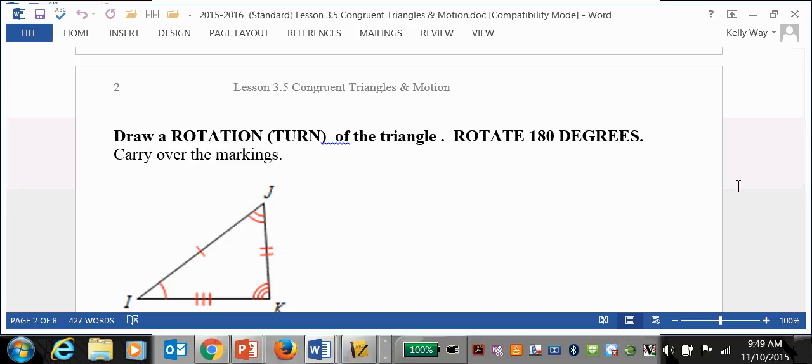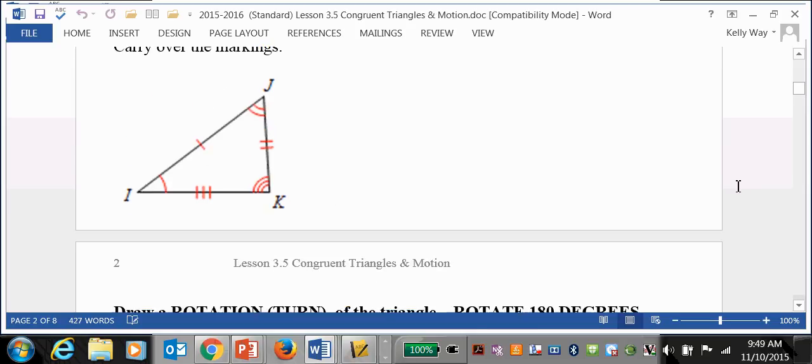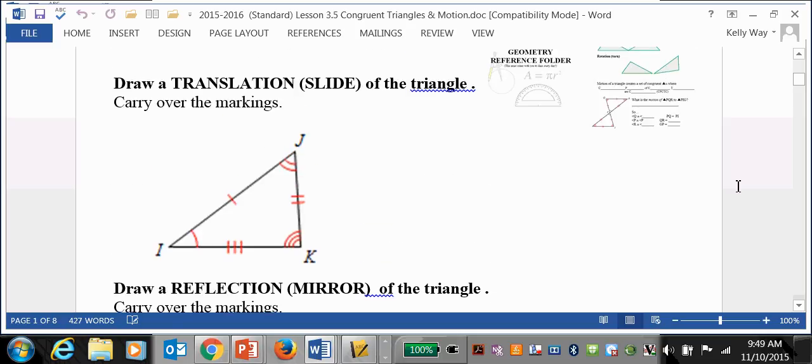So carry the markings over. You don't have to carry the letters over. So I just want you to physically draw a translation, reflection, rotation. I'll give you about 2 minutes, and then we'll go over it. Keep your reference booklets right there by you so you can see what you're doing here.